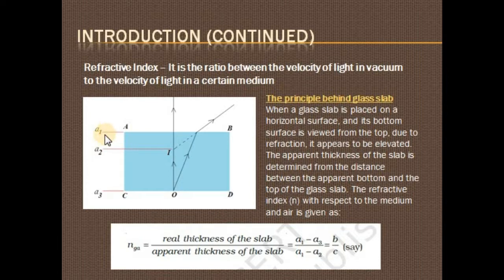This A1 minus A2 will be the apparent thickness, and A1 minus A3 will be the real thickness of the glass slab. And from the ratio of this real and apparent thickness, you can find the refractive index by this relation, right?